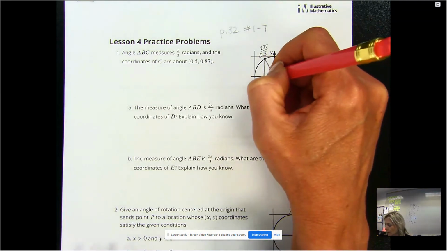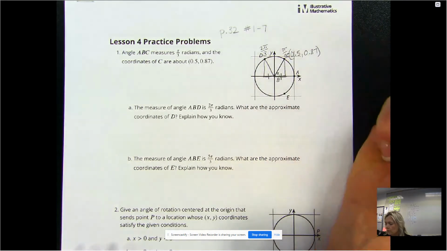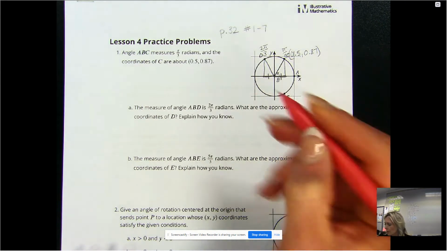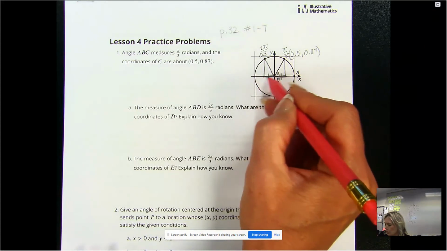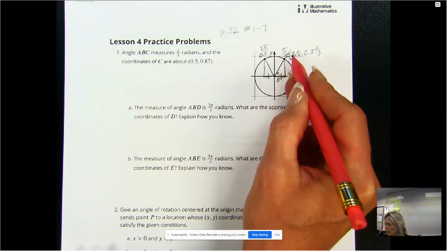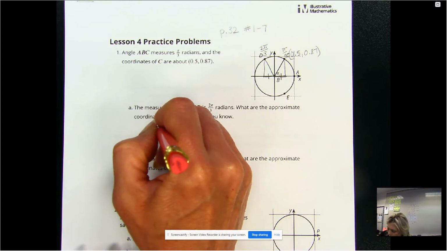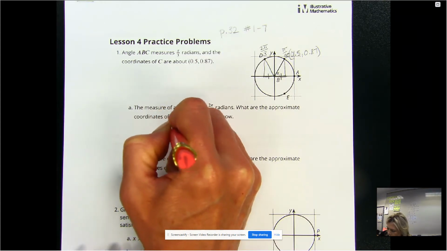So this x value is the same length as this one. However, because it's in quadrant 2, x is negative. So instead of 0.5, it's negative 0.5 for x.